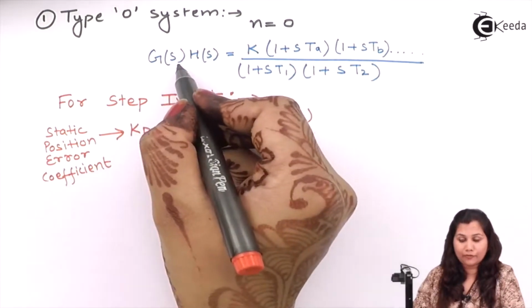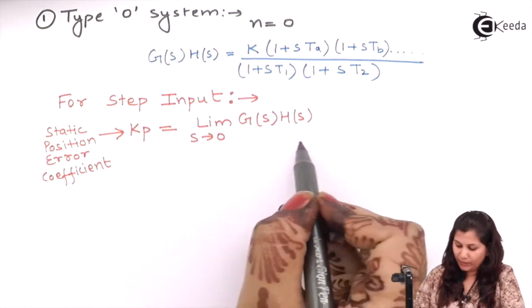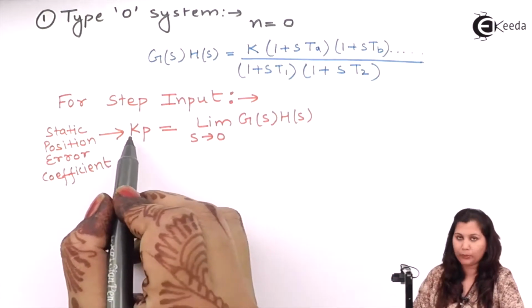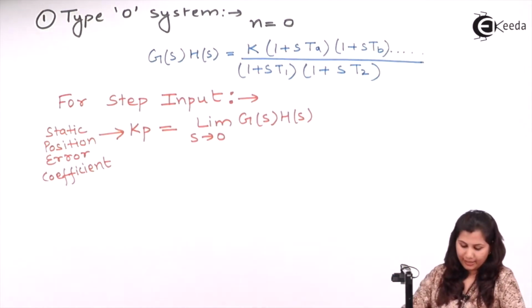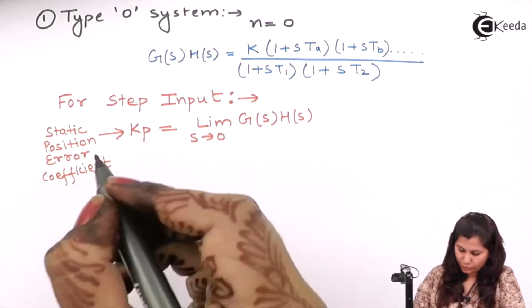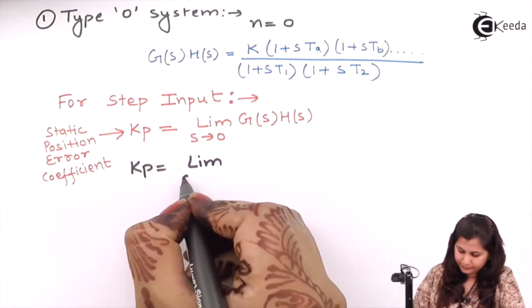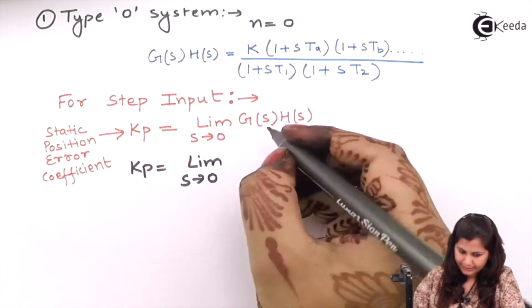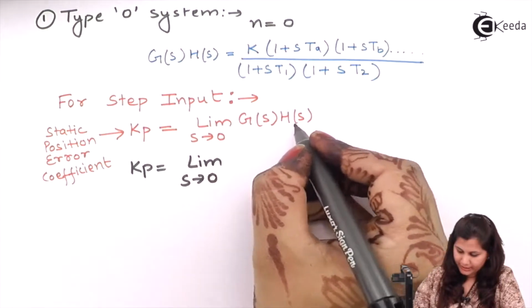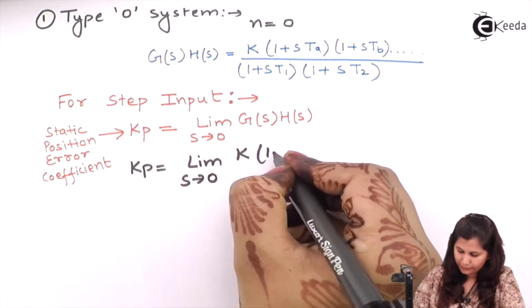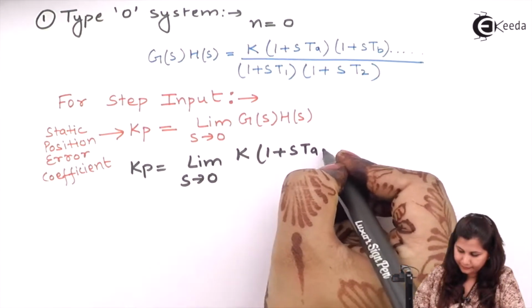Now putting the value of G(s)H(s) into this equation, let's calculate the value of this static error coefficient. So Kp will be equal to limit s tends to 0 of G(s)H(s), which is K upon (1 + sT).